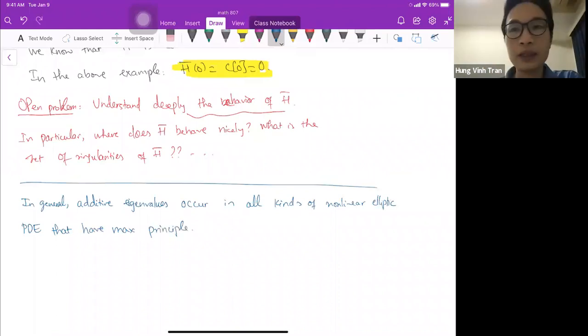For example, you can search, there are lots of papers on additive eigenvalues or principal eigenvalues for nonlinear elliptic PDE, and there are lots of papers appearing regularly on the arXiv and also in publications.